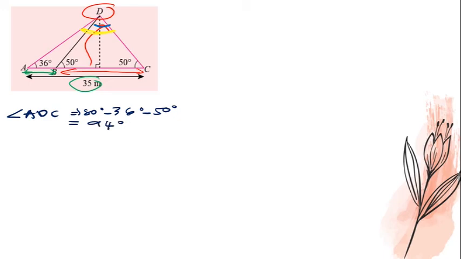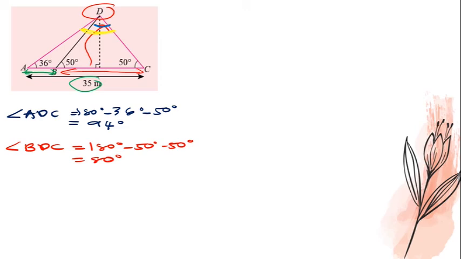And then the blue angle, angle BDC, is equal to 180 degrees minus 50 degrees minus 50 degrees, so you will get 80 degrees.